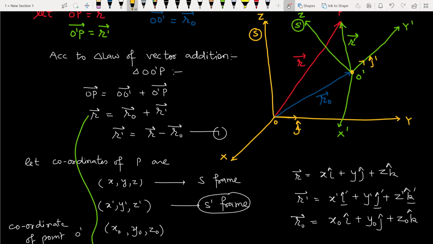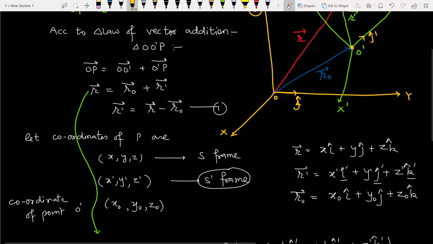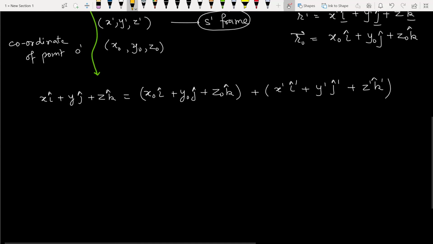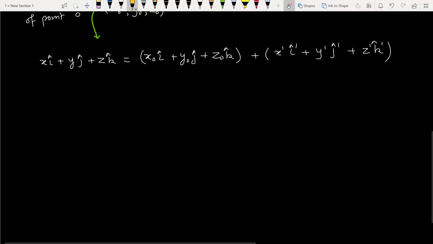As they do not have the same direction, no doubt they are unit vectors. This is along the y axis, this is also along the y axis, but it is of S dash frame, they do not have the same direction, so we select new unit vectors with dashes. So differentiate both sides.